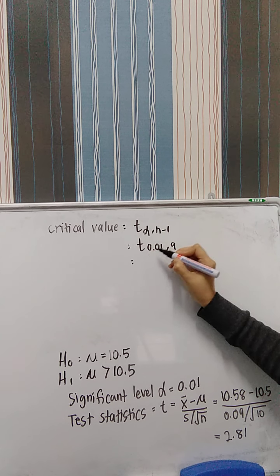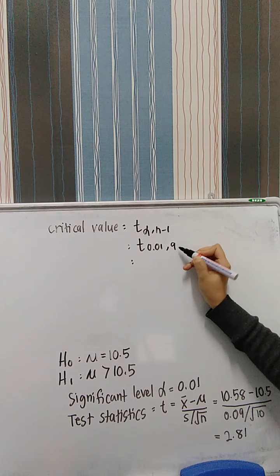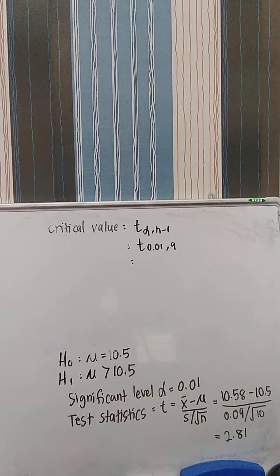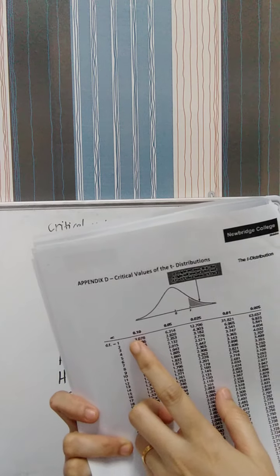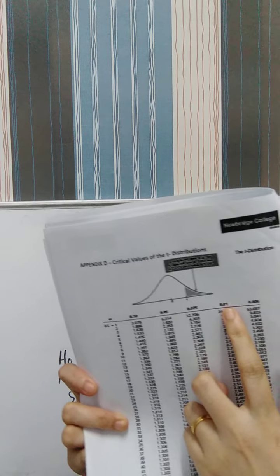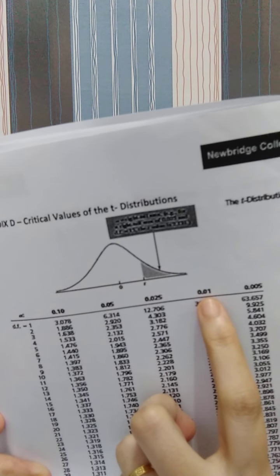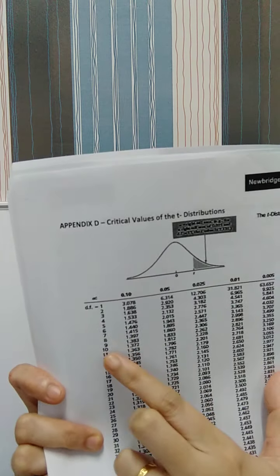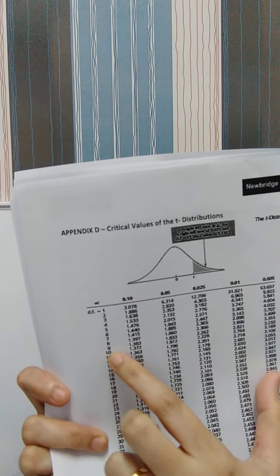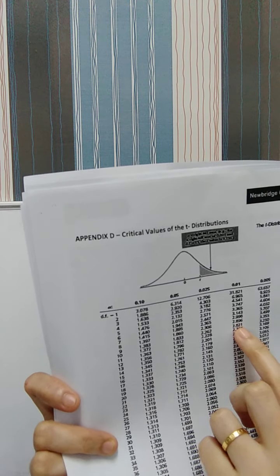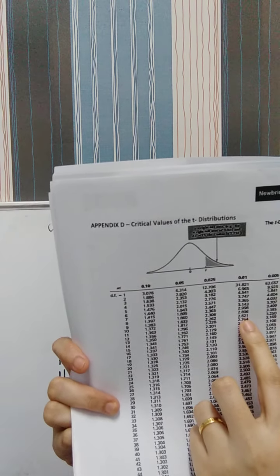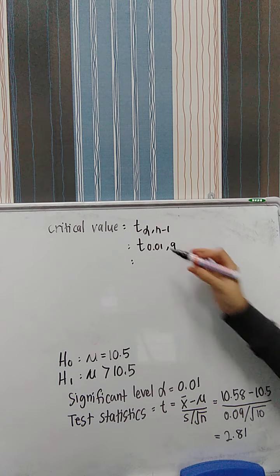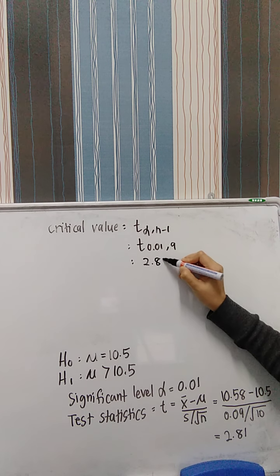So t 0.01, 9. Read the value from the t table. Find 0.01 on top here, and then find the value of 9 on your left. The answer you read from the table is 2.821.